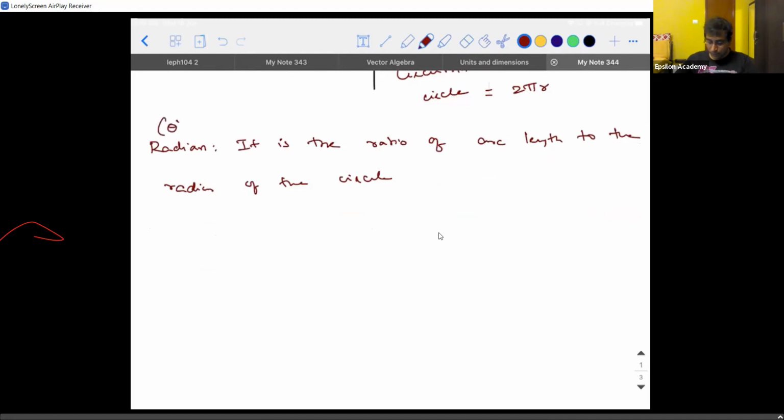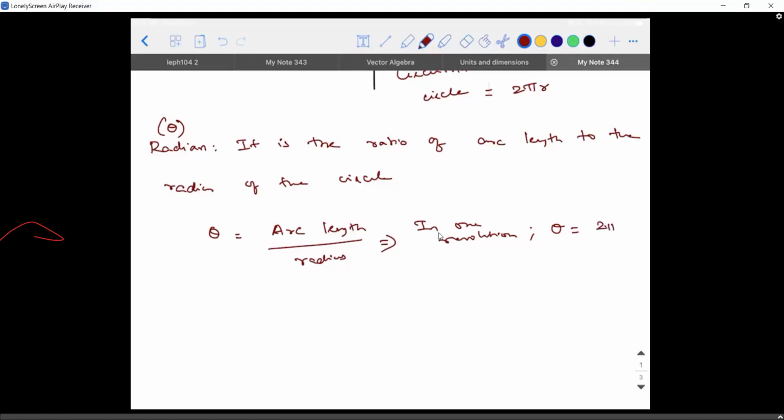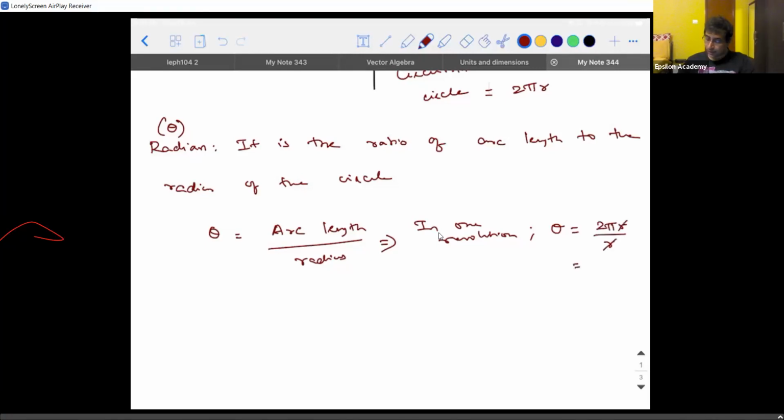If the symbol I take for radian is theta, then mathematically theta is equal to arc length by radius, which implies in one revolution, theta is equal to, what is the arc length, guys? In one revolution, 2 pi r. 2 pi r divided by r. This and this will get cancelled, 2 pi. So this 2 pi radian is what is equivalent to 360 degrees.